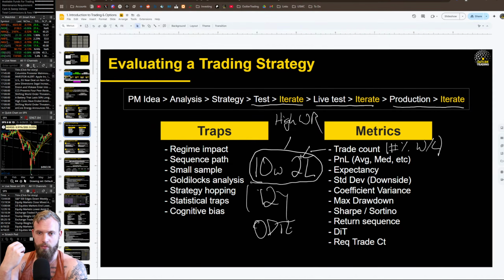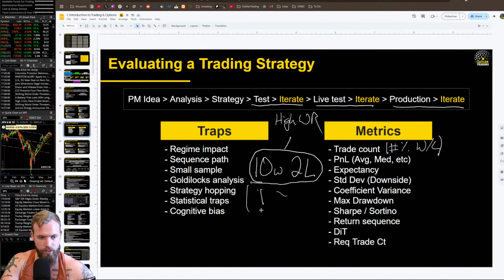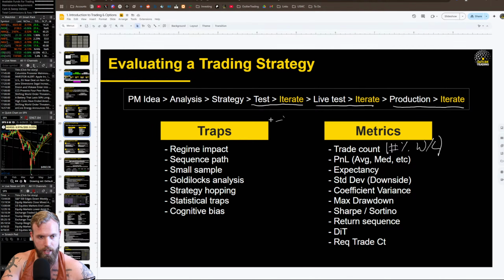High win rate. I can't tell anything from it. Now, just because I can't tell anything from it alone doesn't mean that this isn't usable. I need this information. This is the foundation for everything else that I'm going to show you. Everything else that we're going to test is based on that.